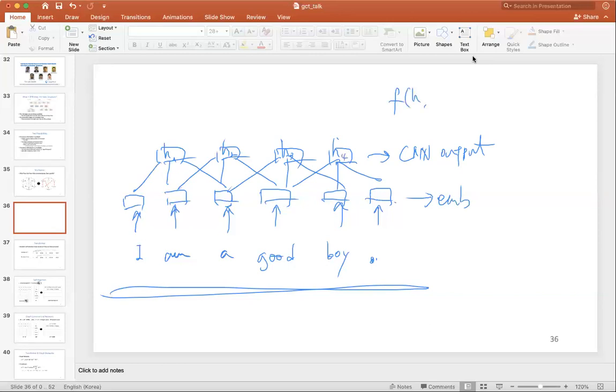You can calculate the attention score for each embedding or each hidden layer, and then multiply, maybe 30% here, 10% here, 10% here, and then 50% here. Then you can derive your final context vector, and this becomes your sentence representation. So it's exactly the same thing.